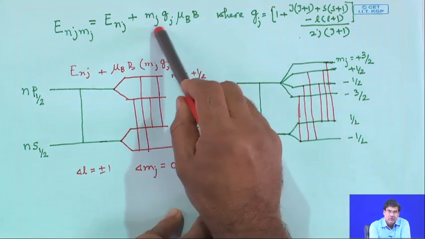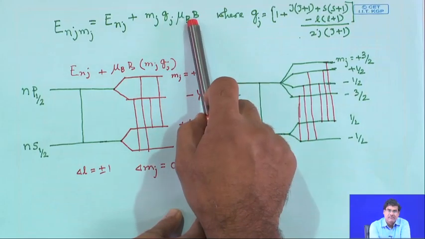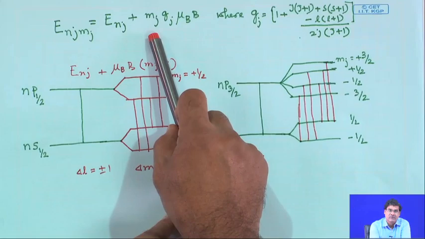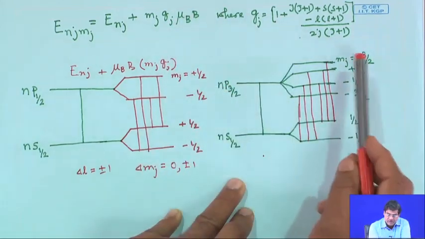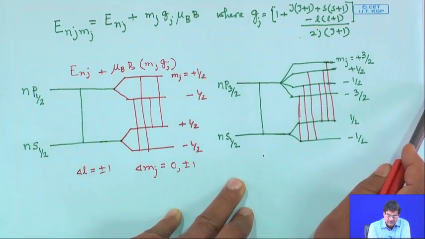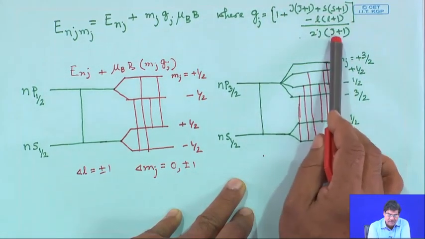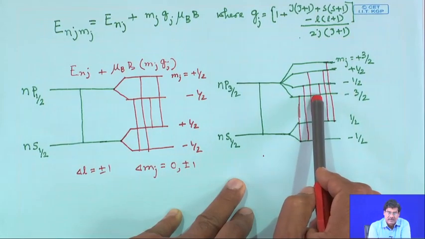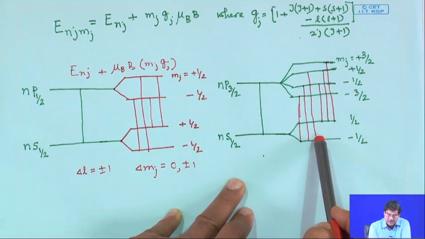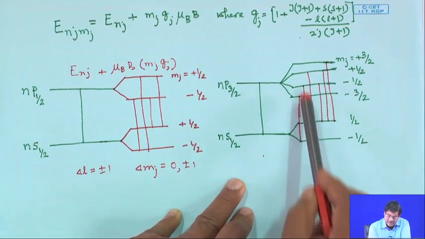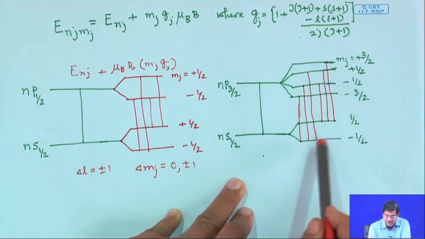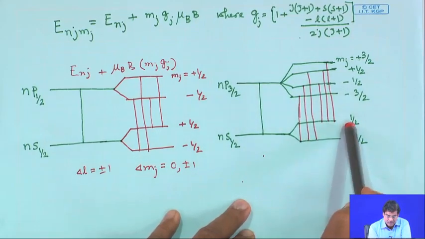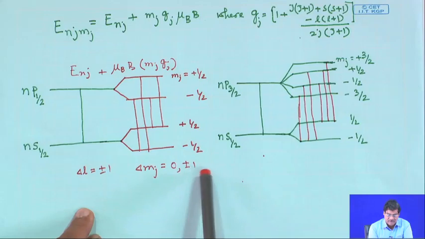The g_J will also be different, because one has to calculate that. So it will split asymmetrically, and here one can show that 6 transitions are possible, considering delta M_J equal to 0 plus minus 1.